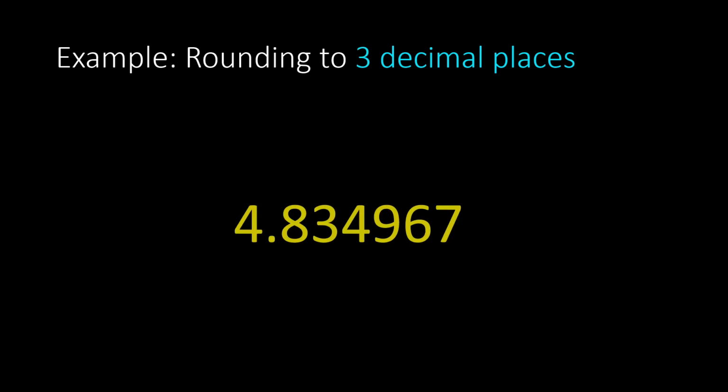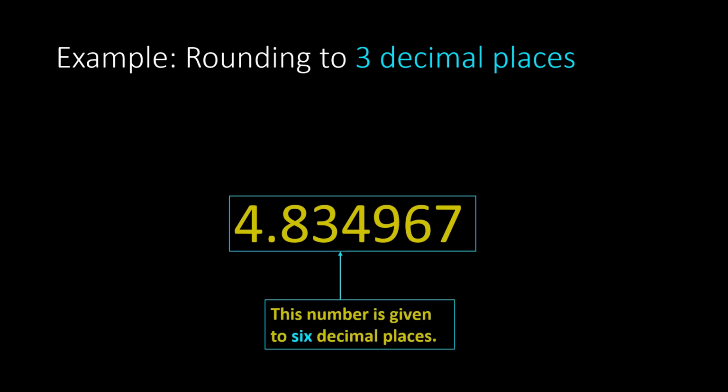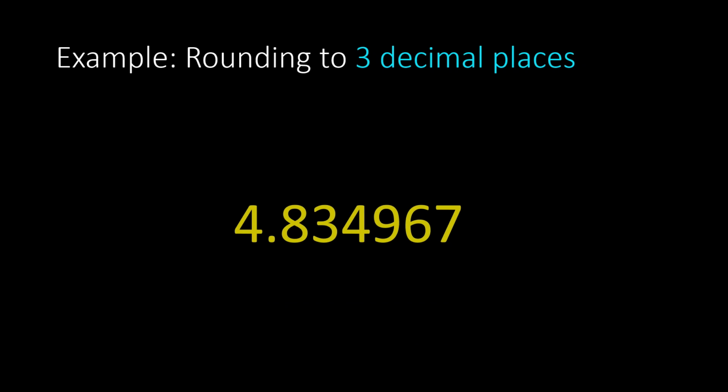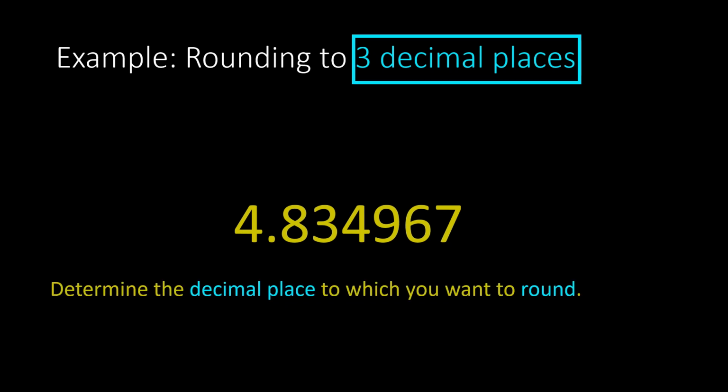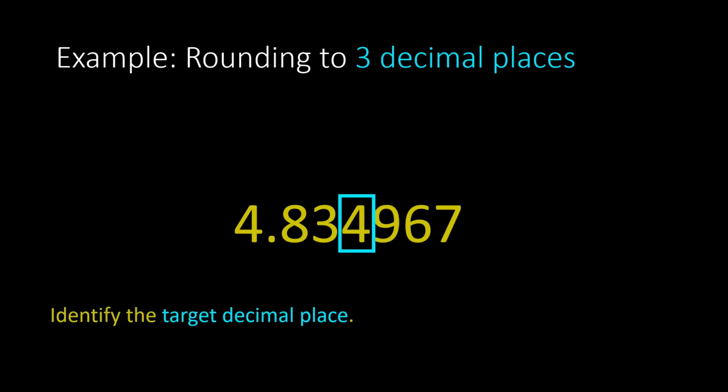Now let's take a look at this example. 4.834967 needs to be rounded to 3 decimal places. This number is given to 6 decimal places. But of course we're required to give it to 3 decimal places. This is the target decimal place.